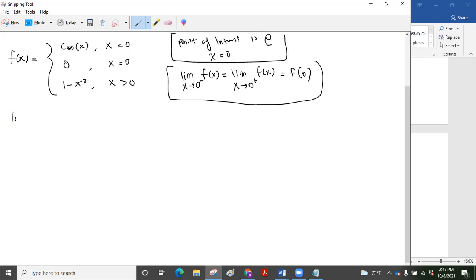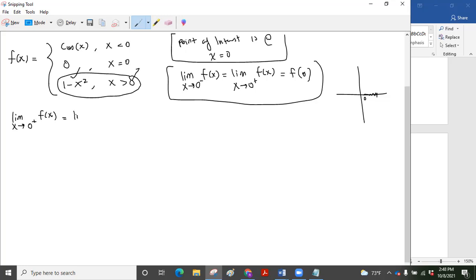So let's first talk about the limit as x approaches 0 from the right of f of x. Well, which function should I use? If I'm looking at 0 on a graph and I'm coming from the right, that means all these values are greater than 0. So I should use this one. This one says if your values are greater than 0, then use 1 minus x squared.